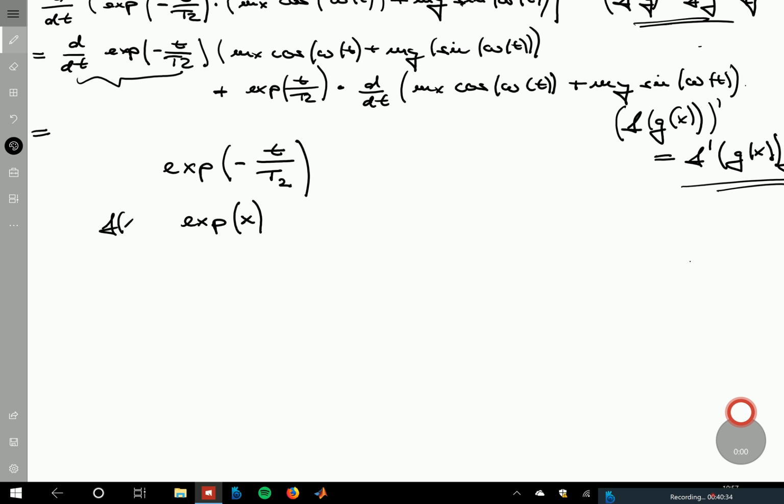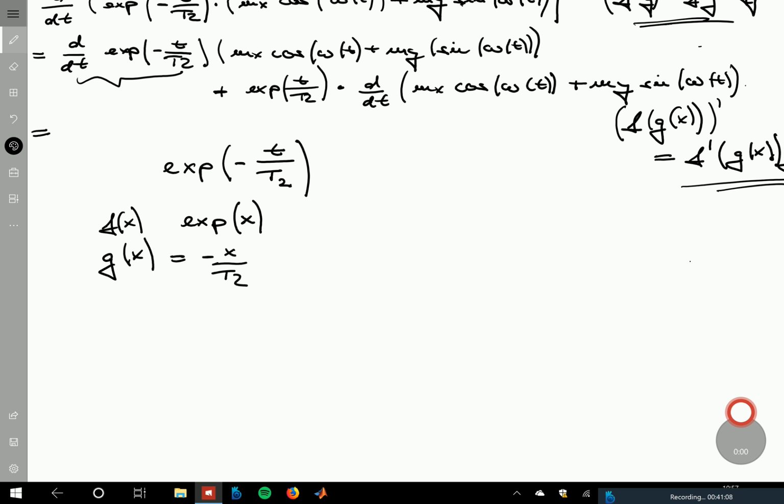So that's our fx, and our gx is then what? Minus t divided by t2. So minus x divided by t2. And the derivative is minus 1 divided by t2.